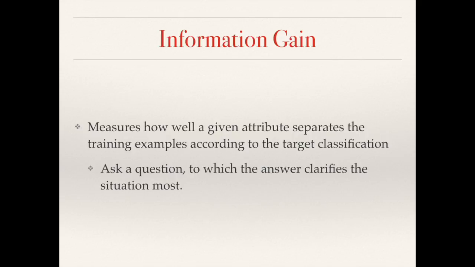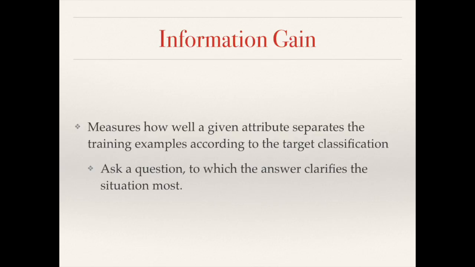That means if we group the examples in our hands with respect to the values of a particular attribute, in those subgroups, how well have we organized the target values into those subgroups.